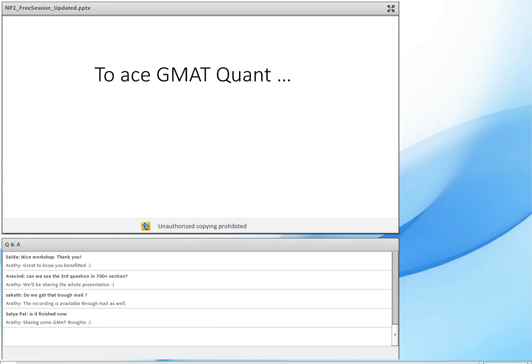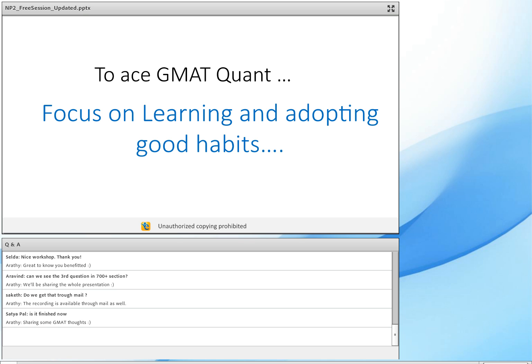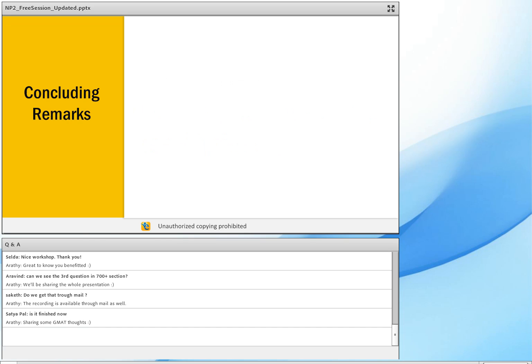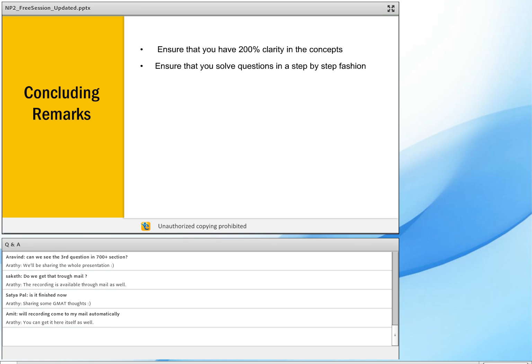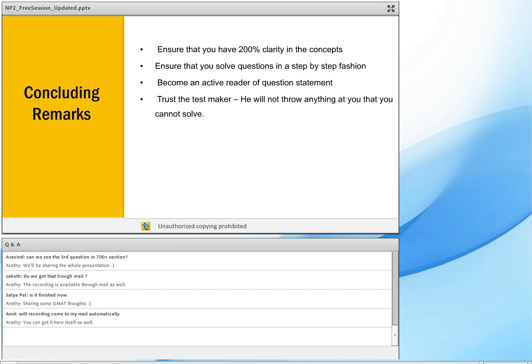So again, to ace GMAT quant, the goal needs to be: don't solve a ton of questions, focus on learning and adopting these good habits. Okay.